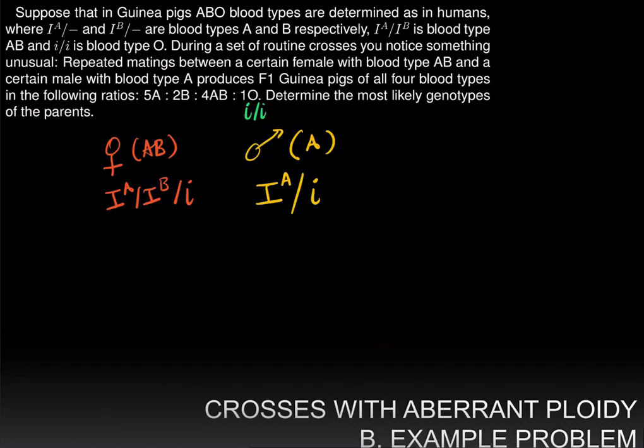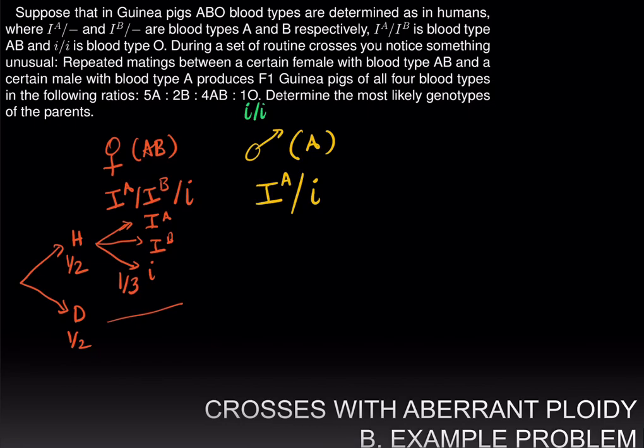It's diploid, so it's going to be half IA and half little I. For the female, however, being a trisomic, let's make a branching diagram, and you could get a gamete that's either haploid with the probability half or diploid with the probability half, and this haploid gamete could be IA or IB or little I, and each one of these has a 1/3 chance.